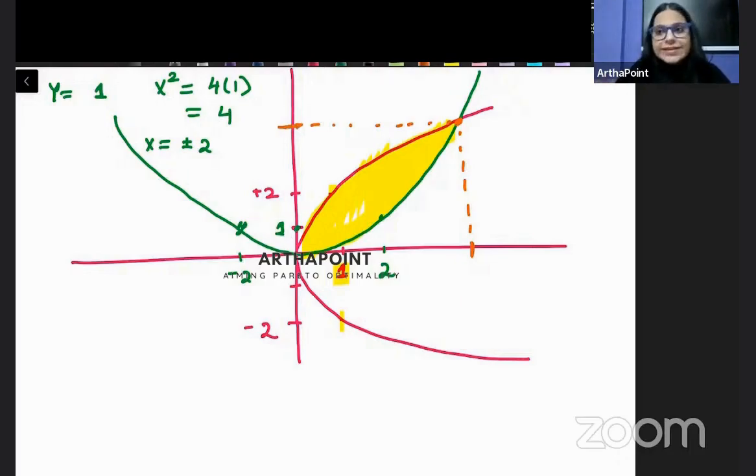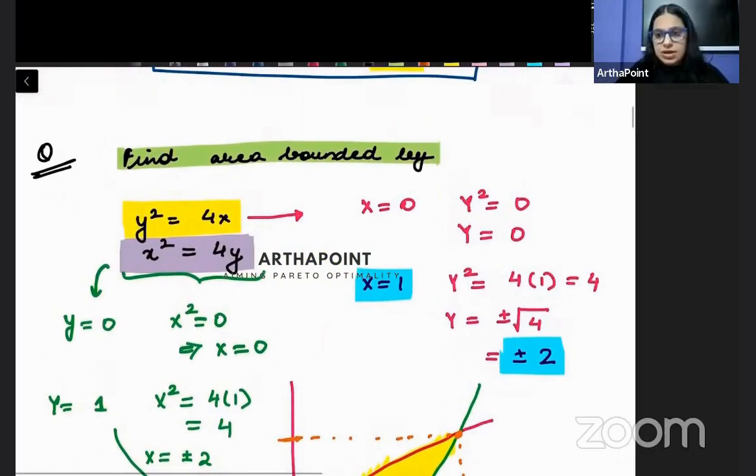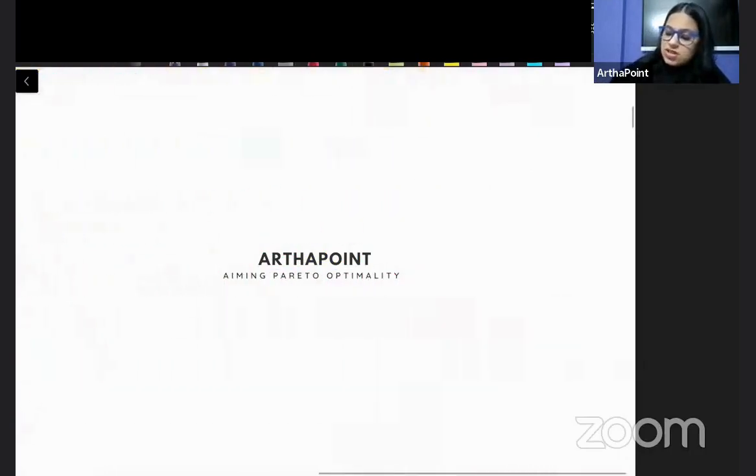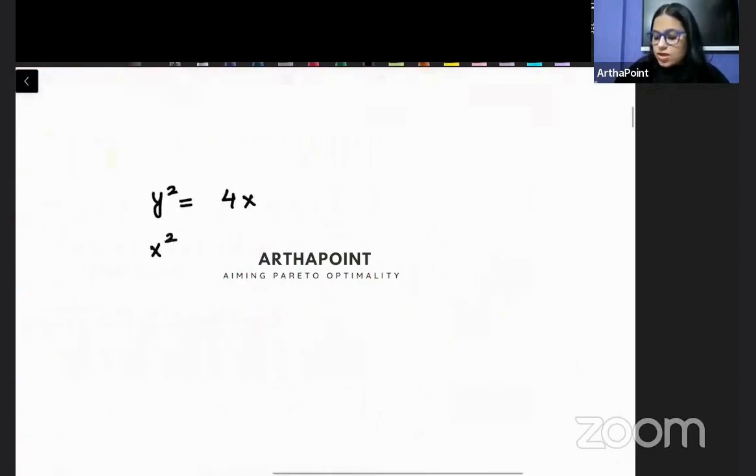In order to find this कि ये कहाँ intersect कर रहे हैं, I need to solve these two equations simultaneously. So my first equation says y square is equal to 4x. And my second equation is saying x square is equal to 4y. I have to solve these two equations simultaneously. मुझे इन दोनों equation को solve करना है.